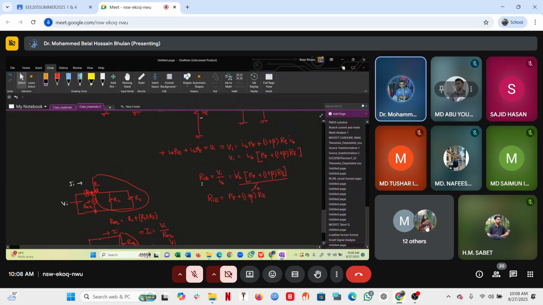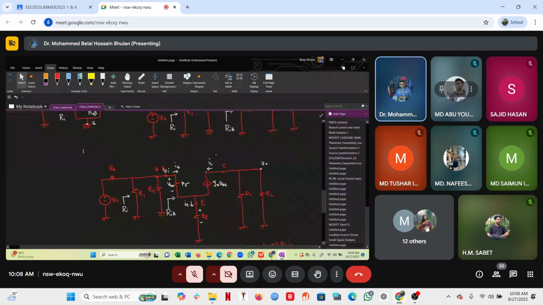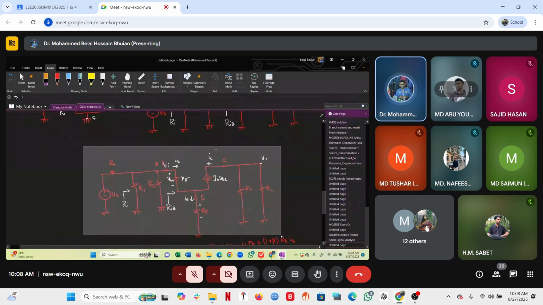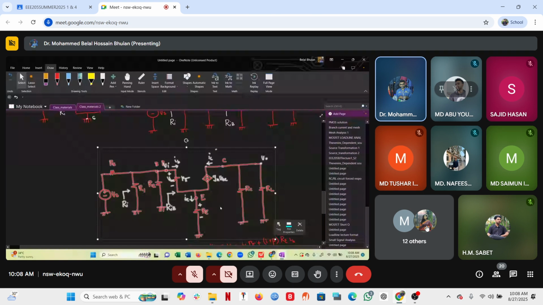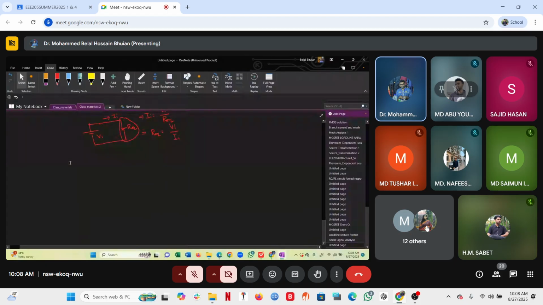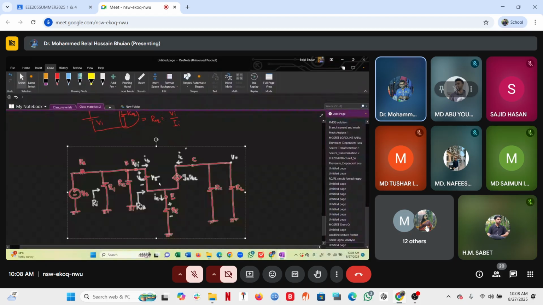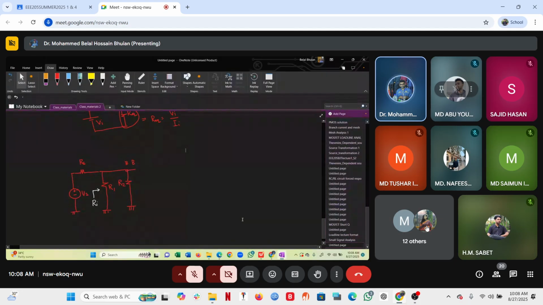So I found the expression. Whatever things we have got, everything inside can be replaced with what?